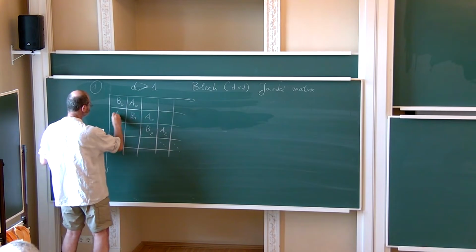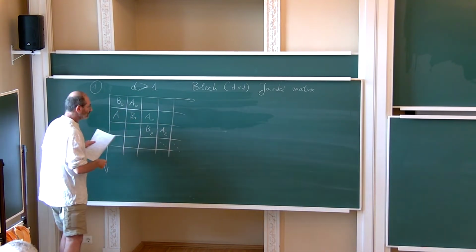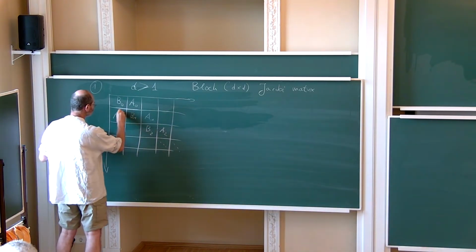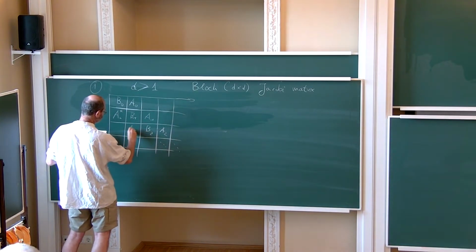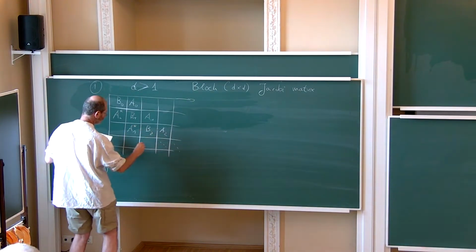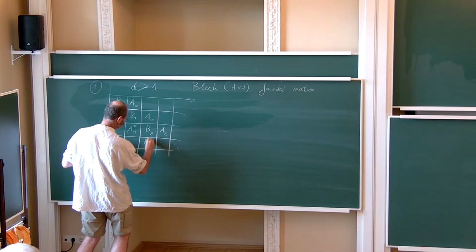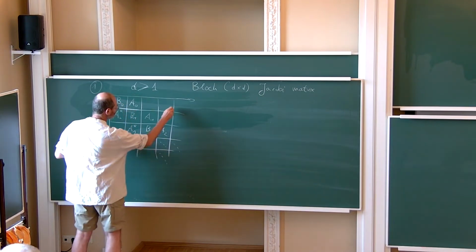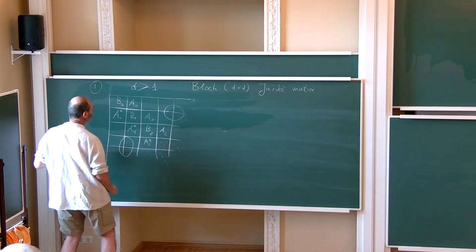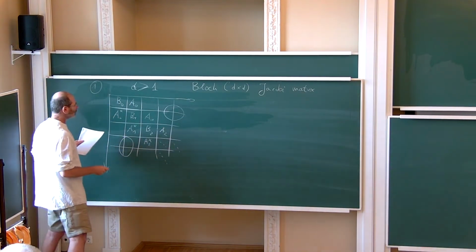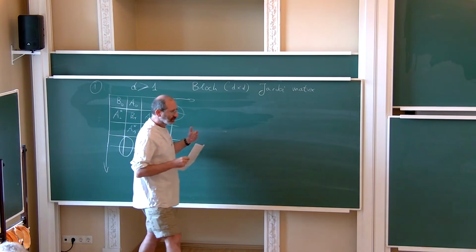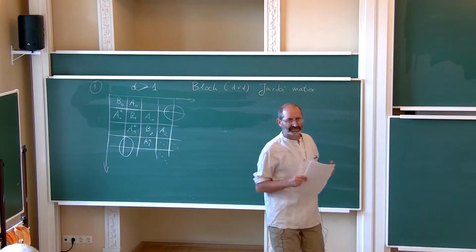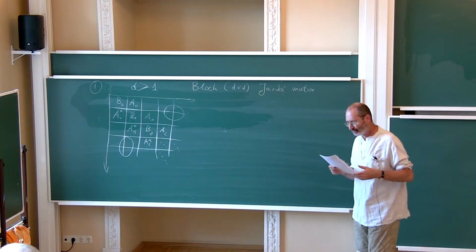And here the same but adjoint: A0 adjoint, A1 adjoint, A2 adjoint, and so on. And here zeros.